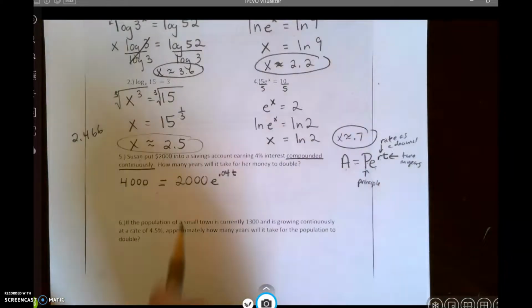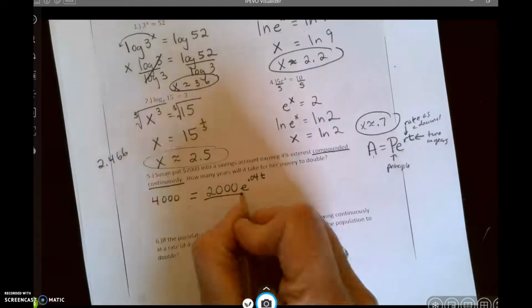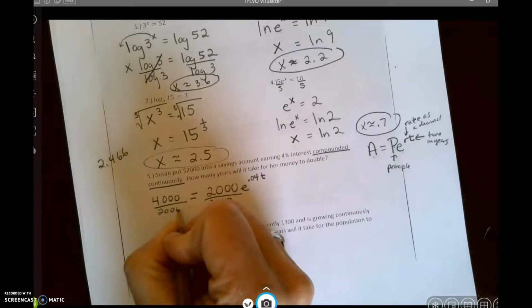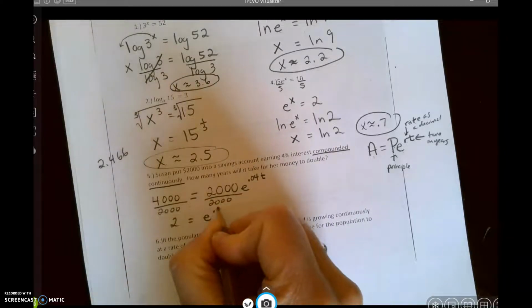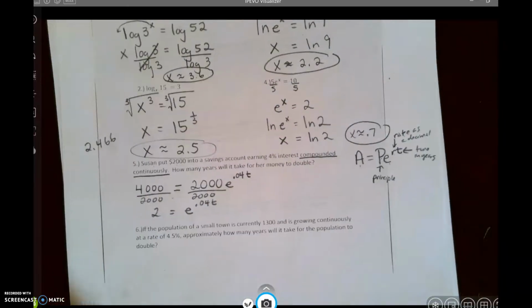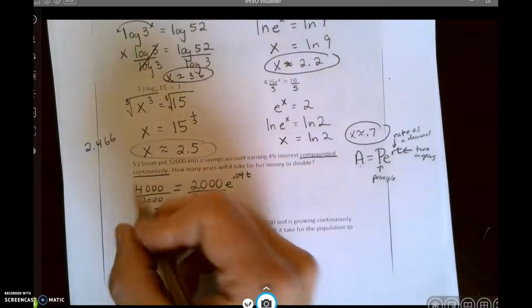So before I can go taking the log or natural log of both sides, I need to get this e by itself. So I'm going to divide both sides by 2,000. And I get 2 equals e to the 0.04t. Now that I'm at this point, I'm going to do the natural log because this involves e.